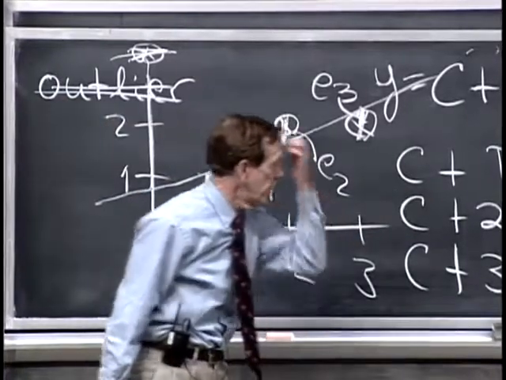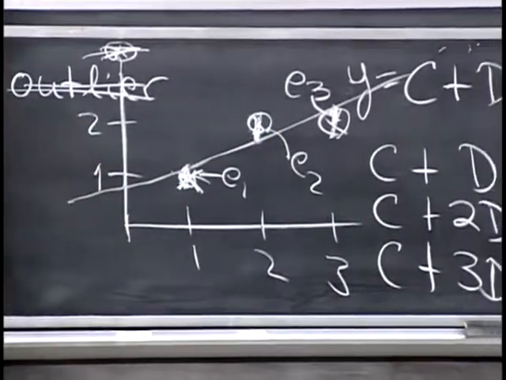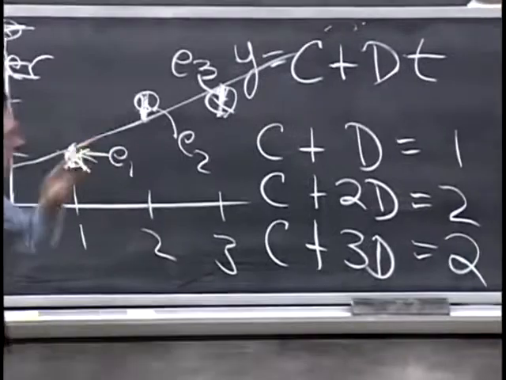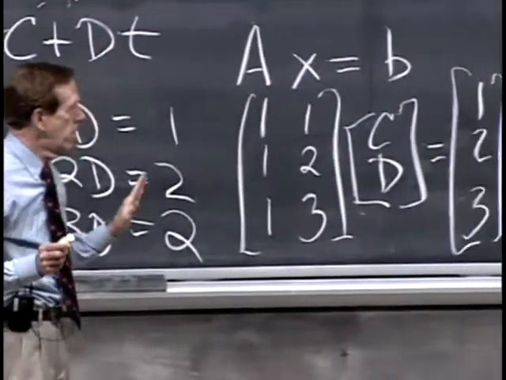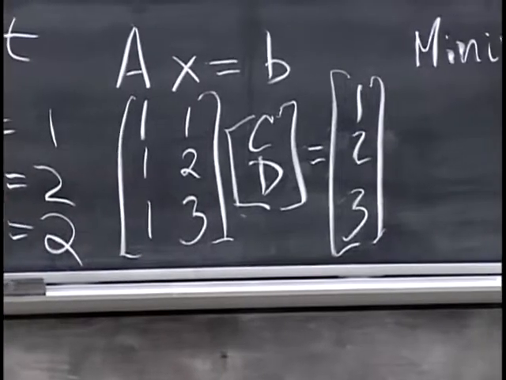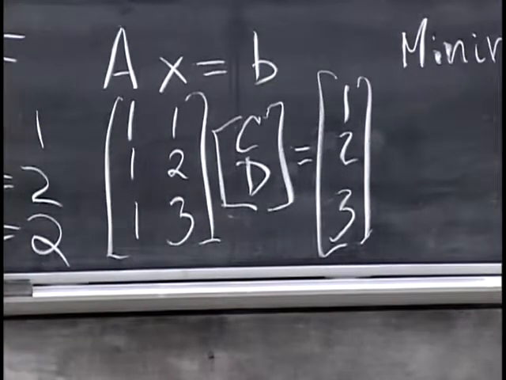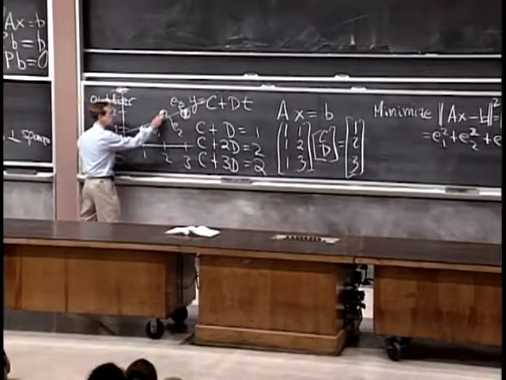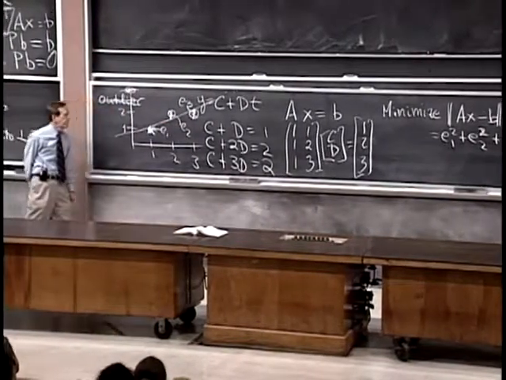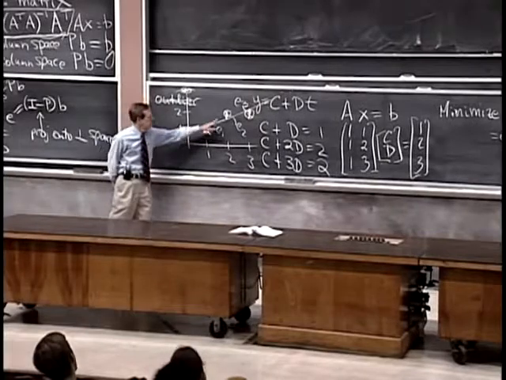Okay, so suppose we don't have this guy. We just have these three equations, and I want to minimize this error. Now, what I said is there are two pictures to look at. One picture is this one, the 3 points, the best line, and the errors.